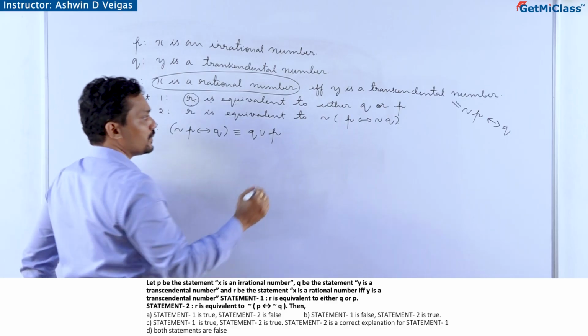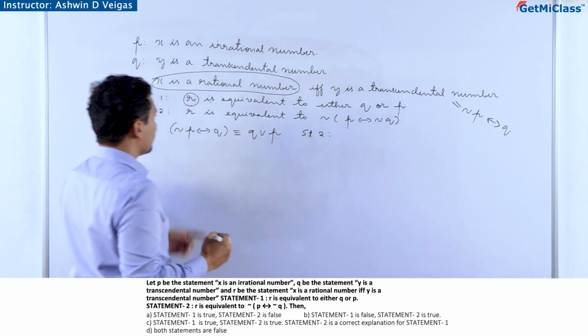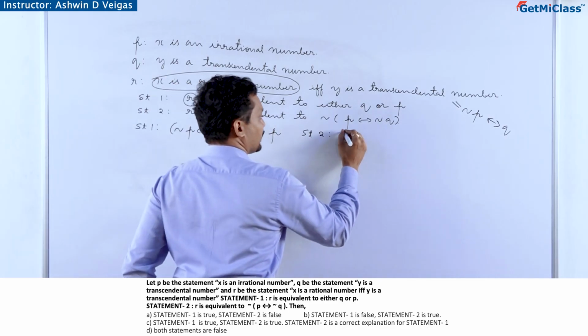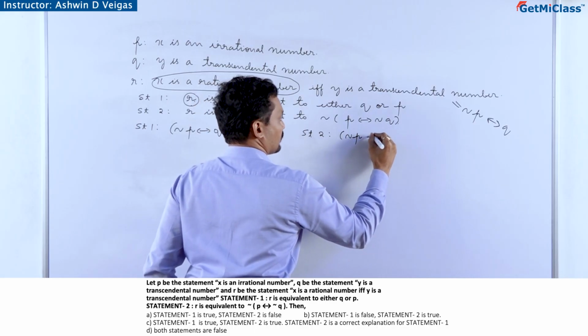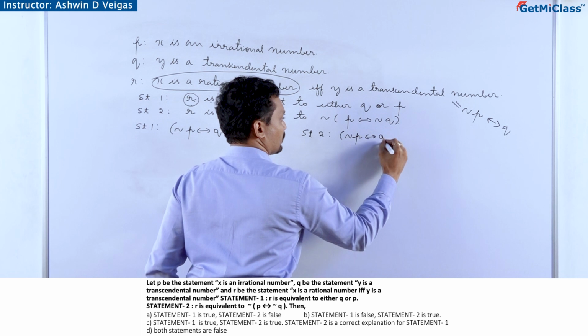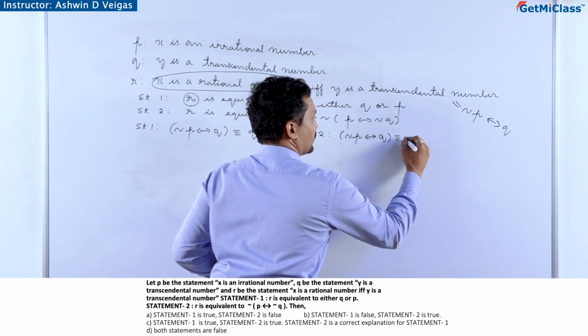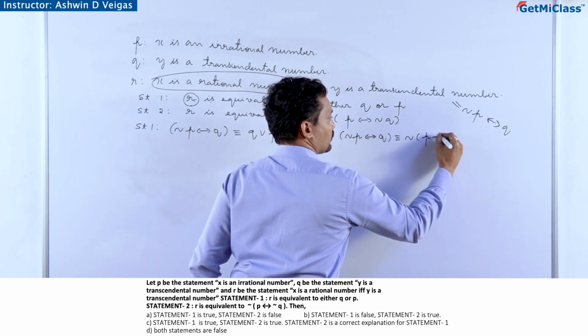Now, similarly there is statement 2. Again R is equivalent to, R means the same thing, that means negation of P if and only if Q. Is it equivalent to negation of P if and only if negation Q?